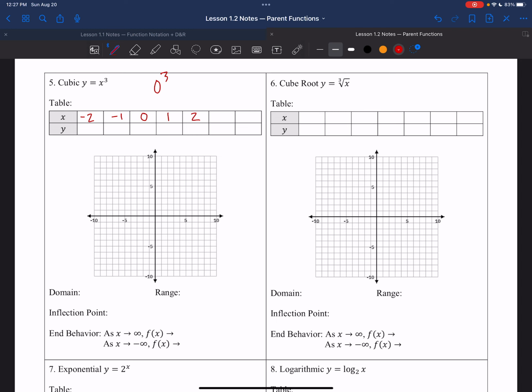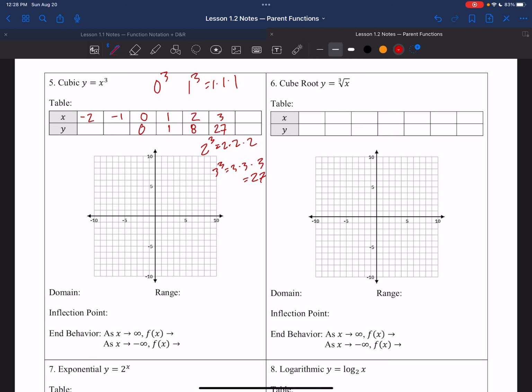Well, 0 times 0 times 0 is 0. What is 1 cubed? That's 1 times 1 times 1 is 1. What is 2 cubed? That's 2 times 2 is 4 times 2 is 8. We could ask ourselves, what's 3 cubed? Well, 3 cubed is 3 times 3, which is 9, times 3 is 27.